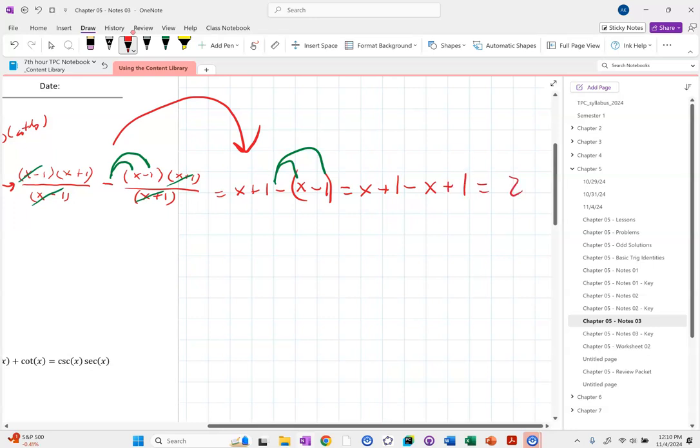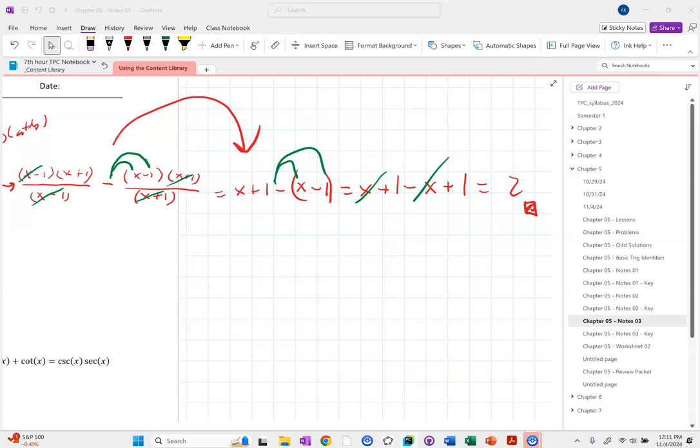And then if you combine like terms, we got our 2. Now, the only reason I worked this from left to right was because of the space on the sheet. Normally, I would do this vertically, but it is what it is, right? Emily, wonderful job. Thank you.